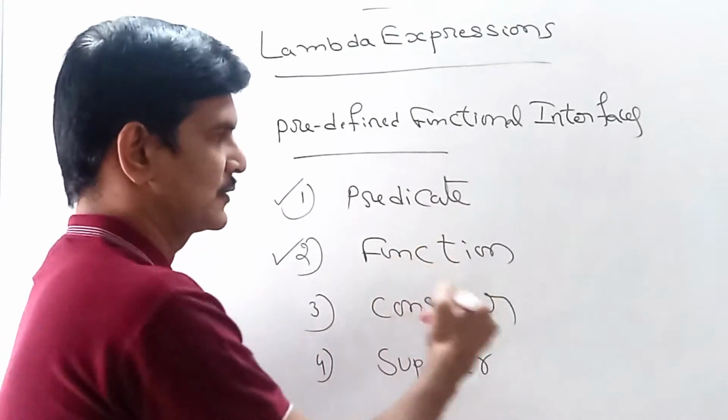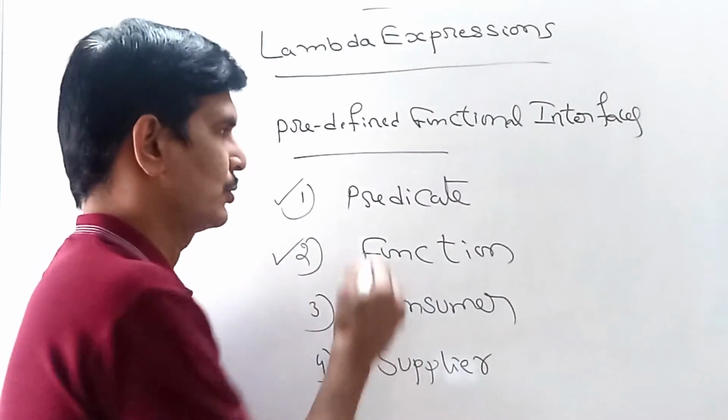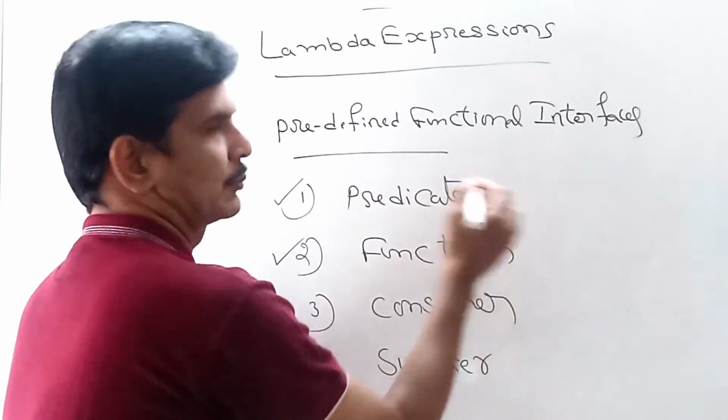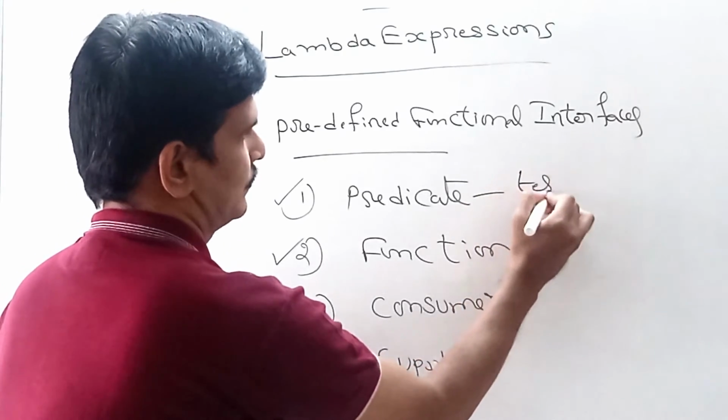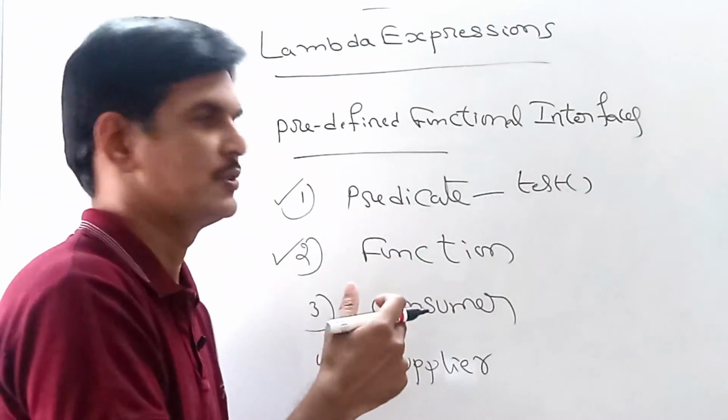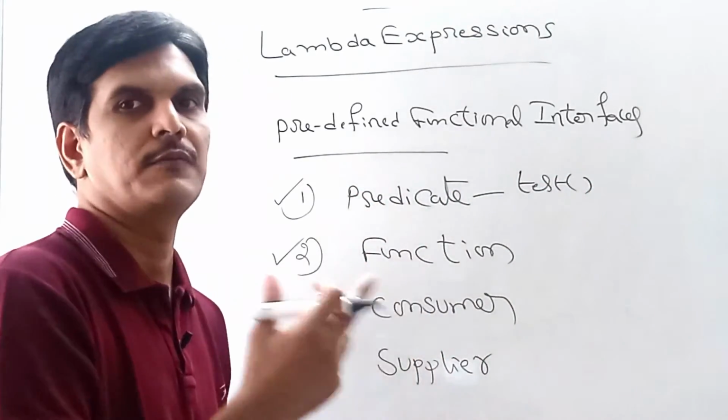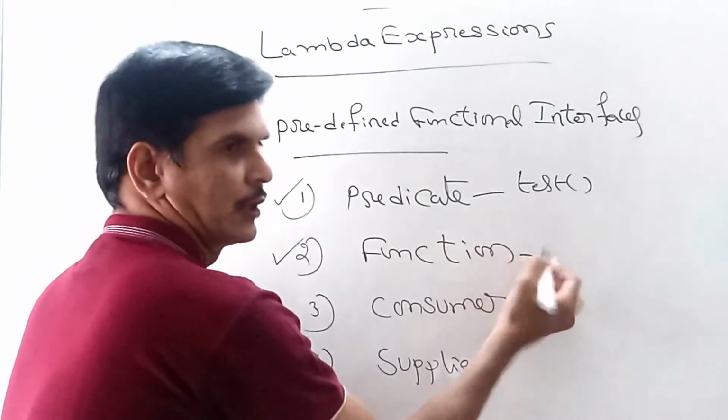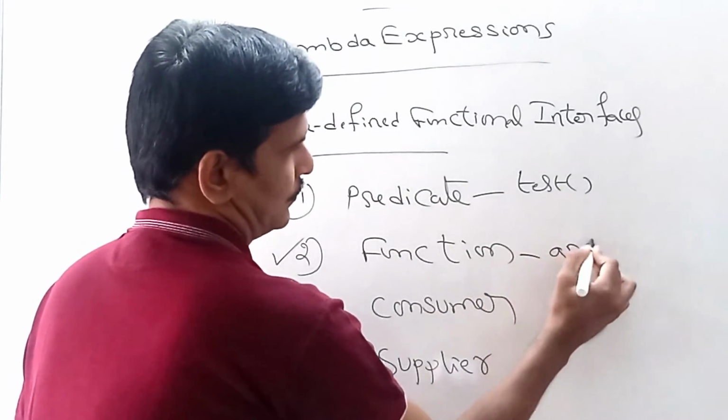Every interface is having one single abstract method. Predicate is having one single abstract method, which is the test method. Function is another predefined function interface, which has a method called apply.